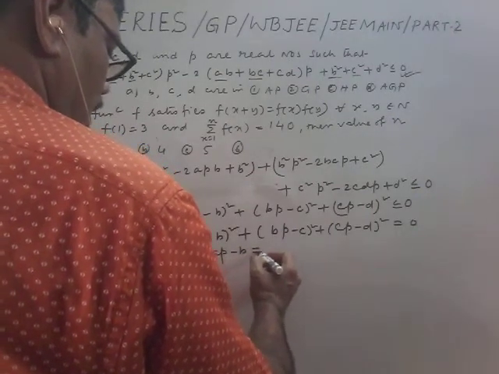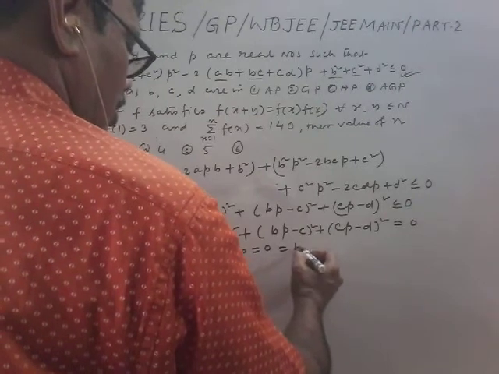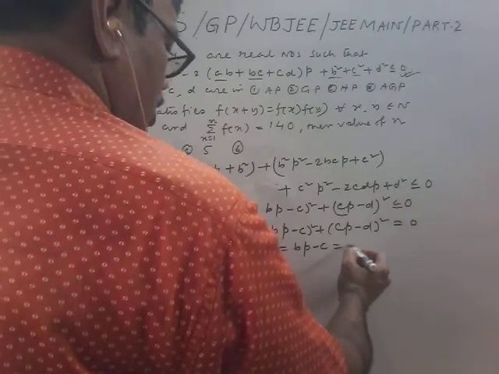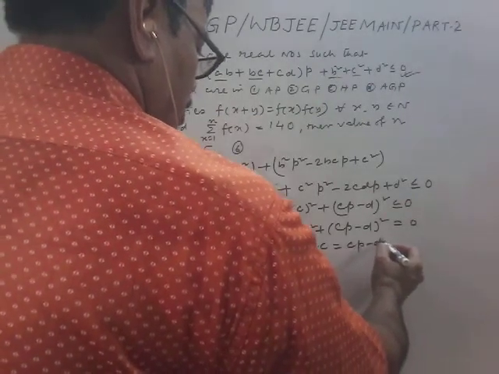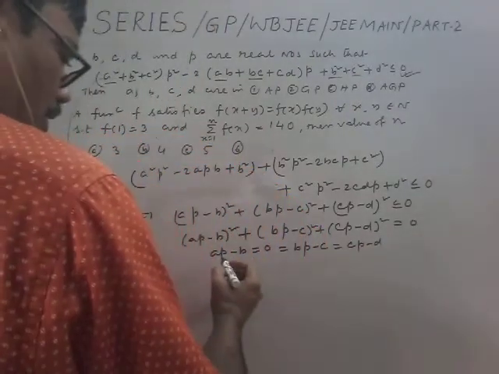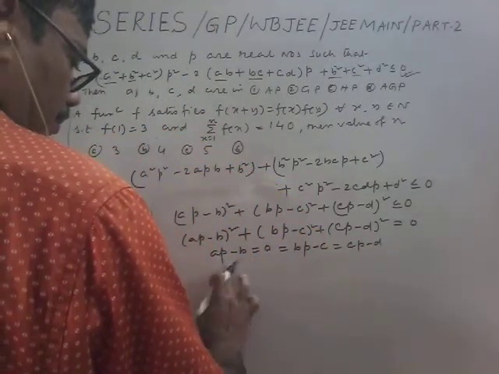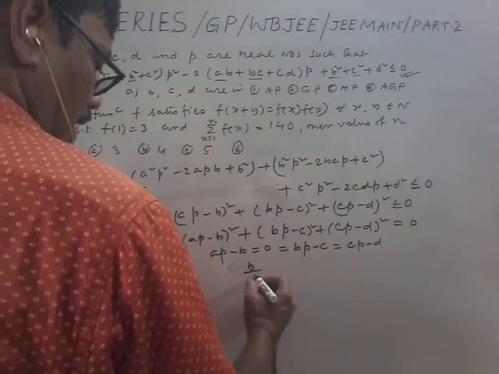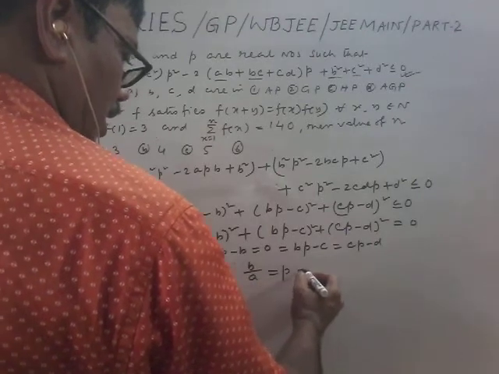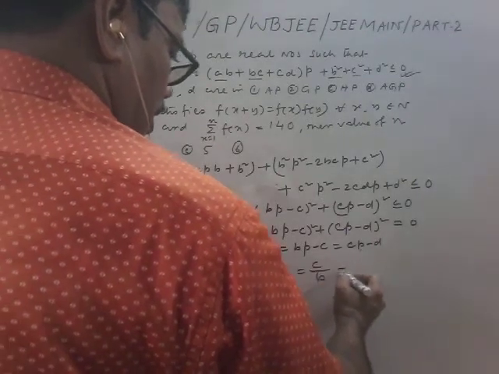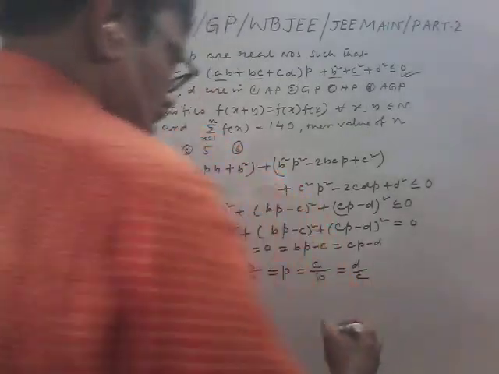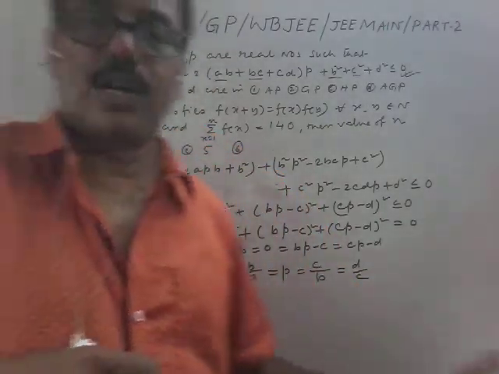Therefore they are individually 0. ap minus b is 0, bp minus c is 0, cp minus d is 0. So what we are getting: b by a equals p equals c by b equals d by c. So the ratios are the same.